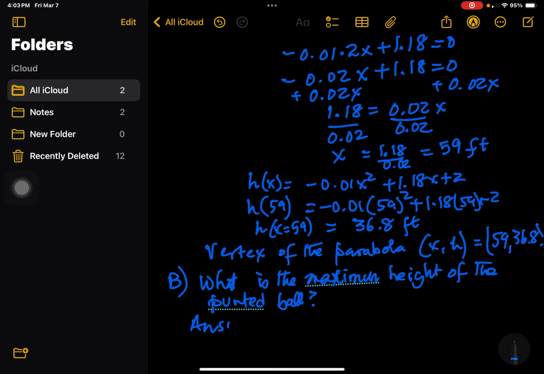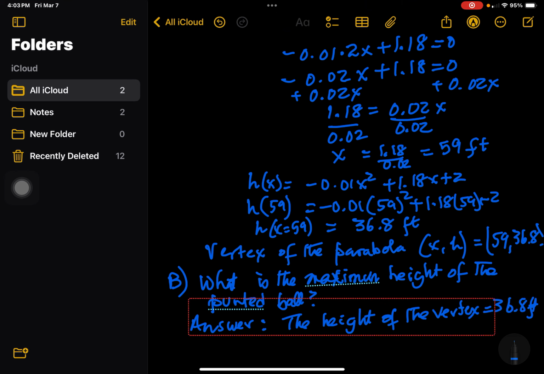Answer, the height of the vertex equal to 36.8 feet. Okay.